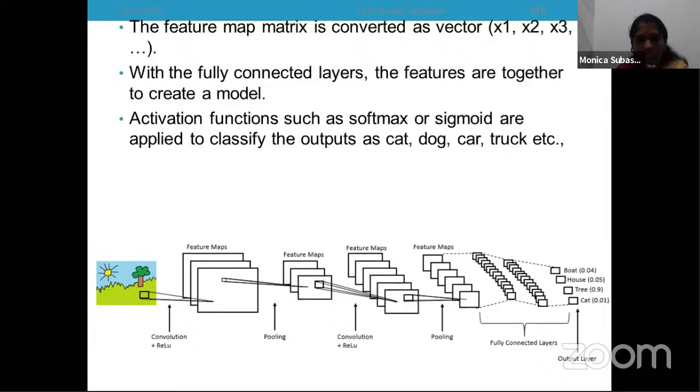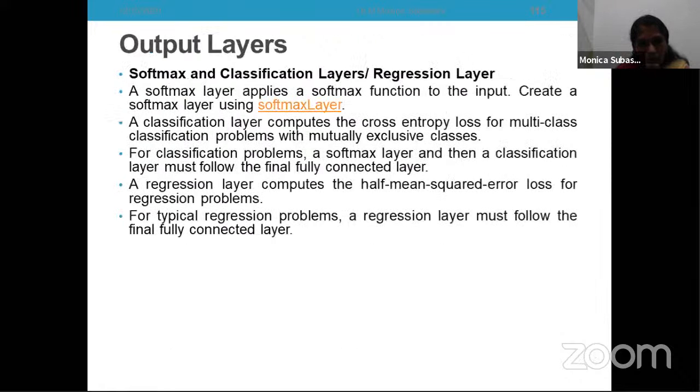And after receiving this, we are moving on to classification. You can apply either softmax or sigmoidal function. And we have multi output, cat, dog, car, truck, anything can be classified. Output layers, softmax and classification layer, we have these types.